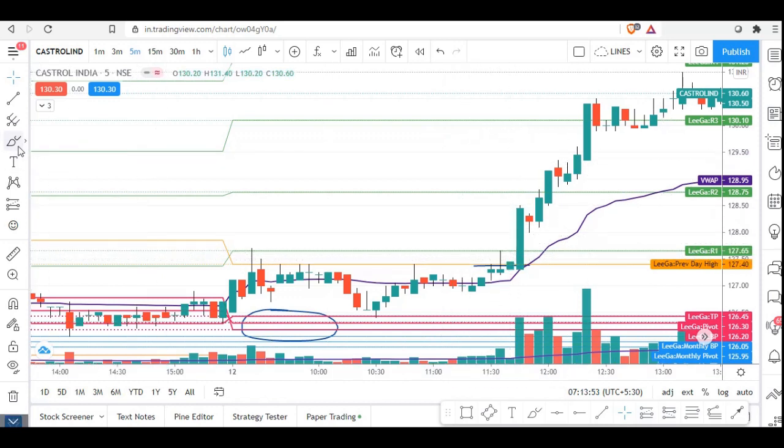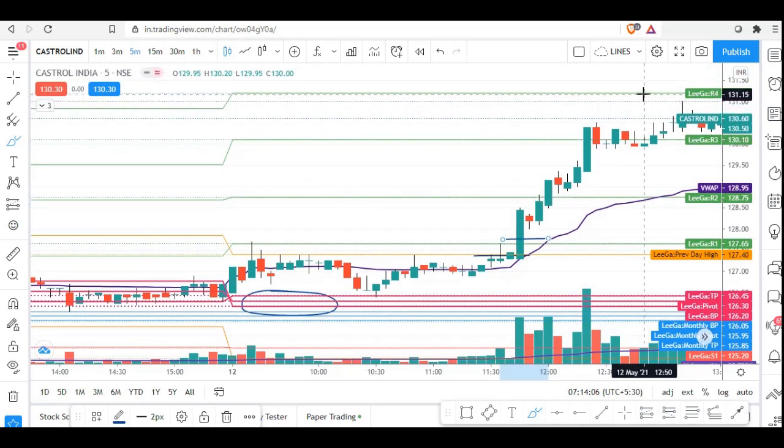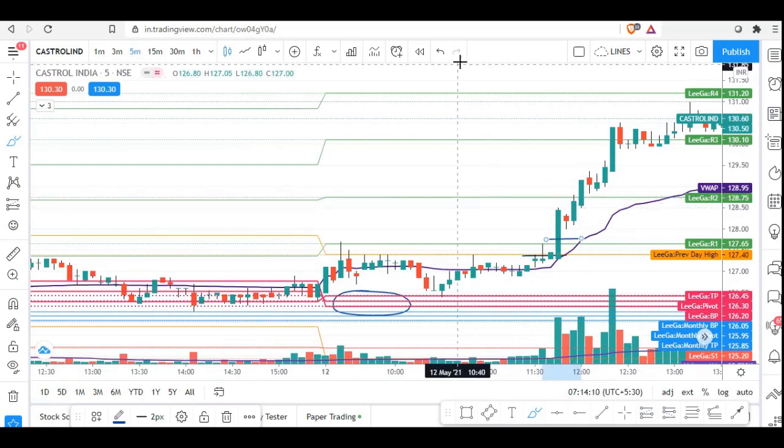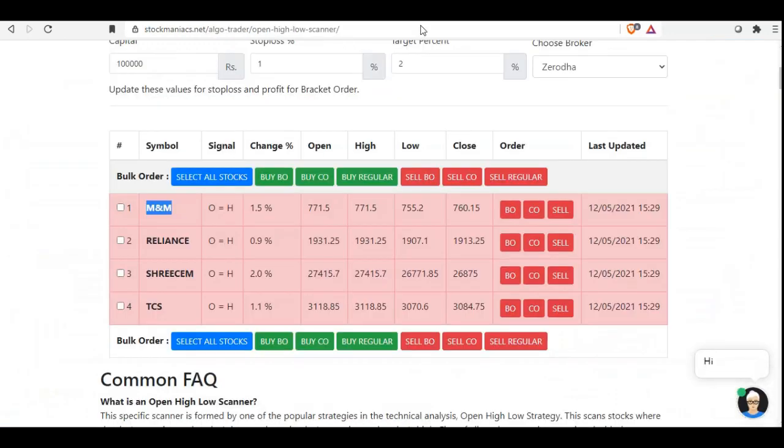Here is a resistance, R1. Safe players take entry just above the resistance line, so 127.80, then 128.80 is the first target. Next target is 130, then 131. This is the scenario.